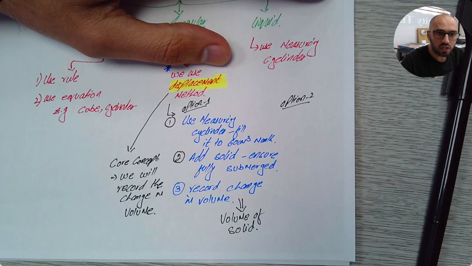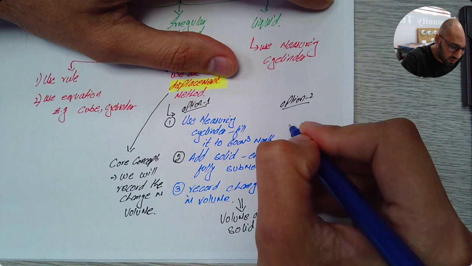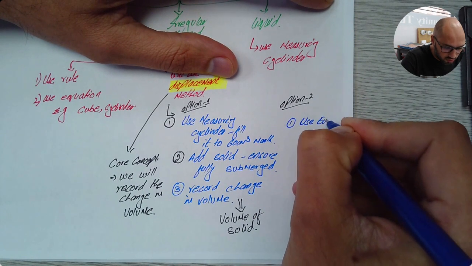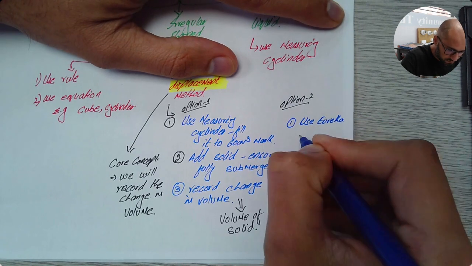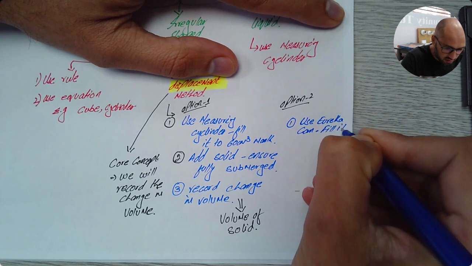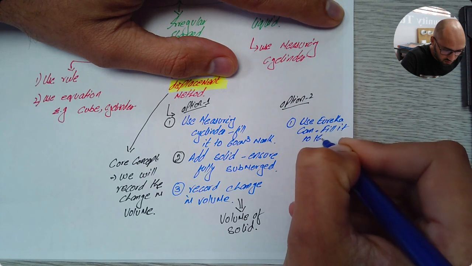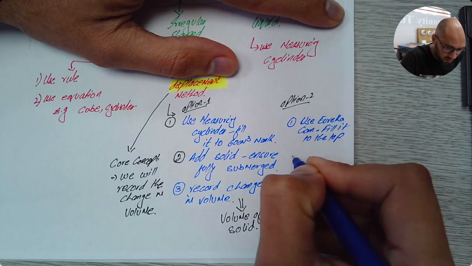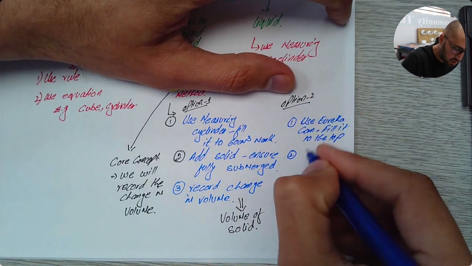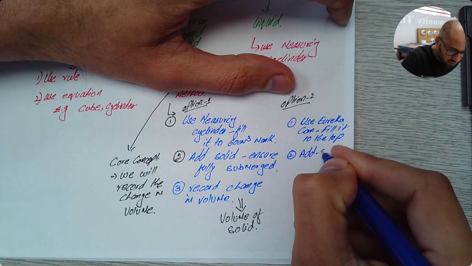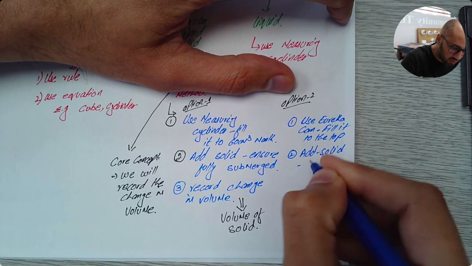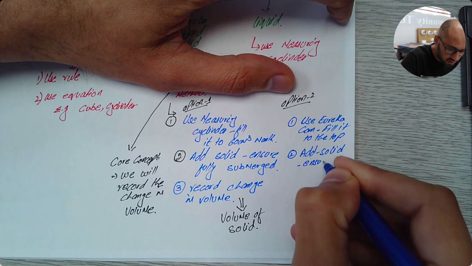Option 2 will be to use another equipment called Eureka can. So you can say, use Eureka can. And again, you'll have to say fill it to the top. Number 2, once you have filled it to the top, then you'll do the same thing. You'll say add solid. But again, you have to make sure you say ensure fully submerged.